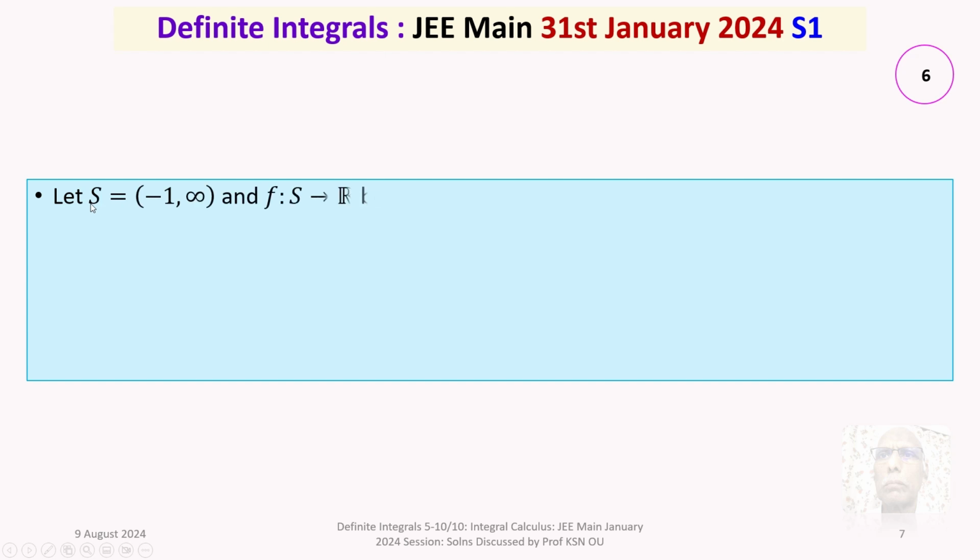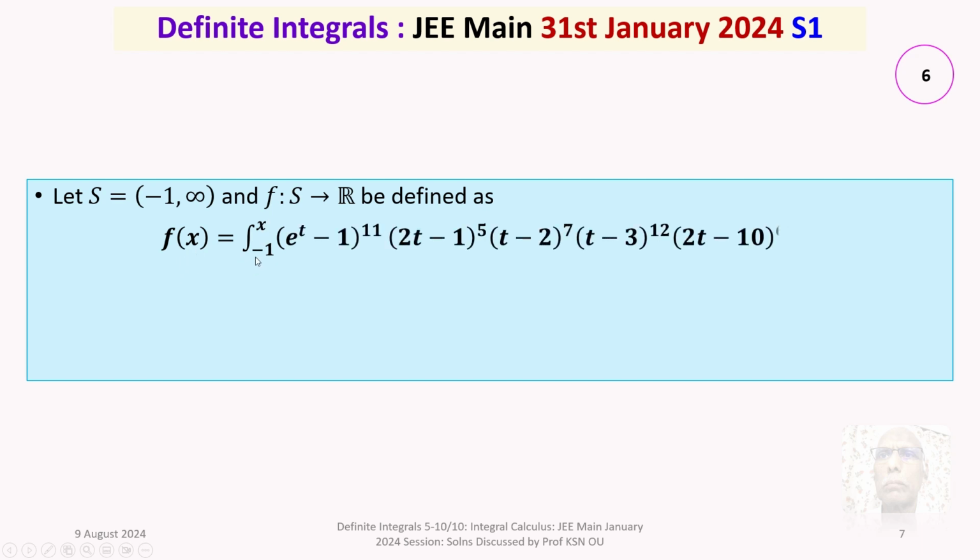The given question is: let S be the open interval from -1 to infinity, and f a real valued function defined as f of x equals the definite integral from -1 to x of the product (e^t minus 1) to the power of 11, (2t minus 1) to the power of 5, (t minus 2) to the power of 7, (t minus 3) to the power of 12, (2t minus 10) to the power of 61, with respect to t.